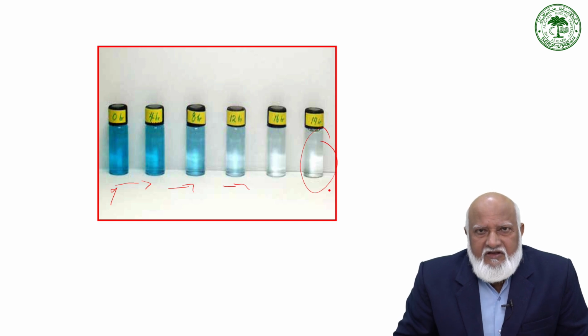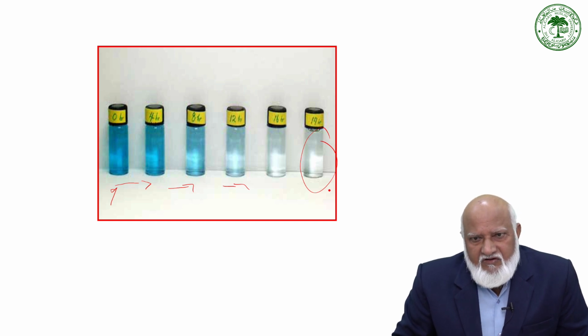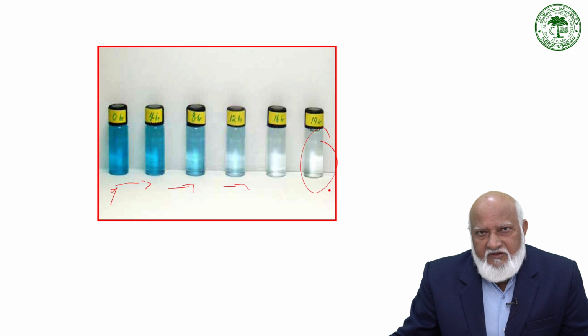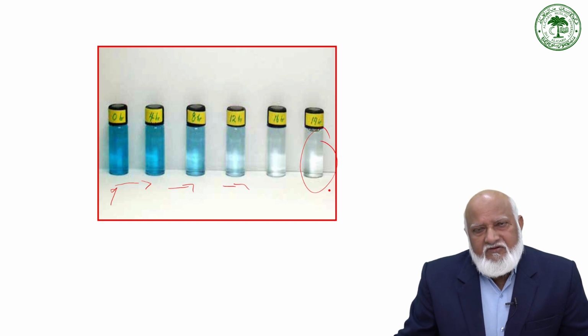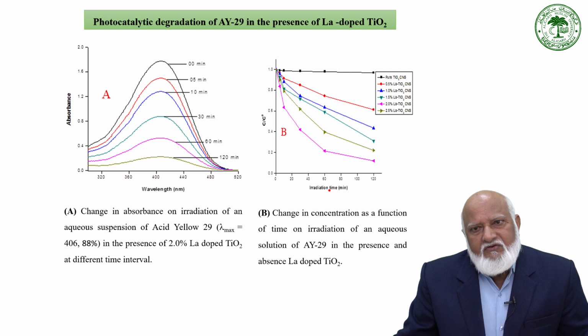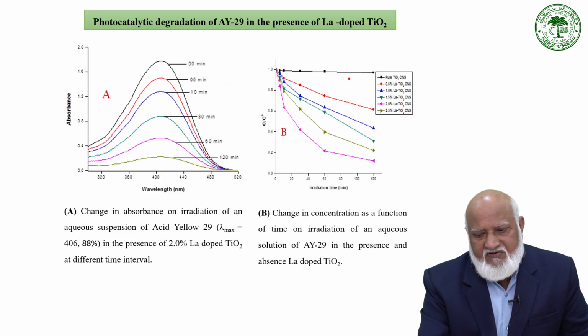This is a laboratory scale, 120 or 200 milliliter scale, in an immersion well photoreactor. The dye gets decolorized in the presence of photocatalyst, because the catalyst is important, light is important, because we have also seen a control experiment, as you can see here.